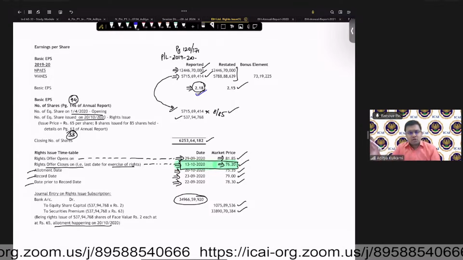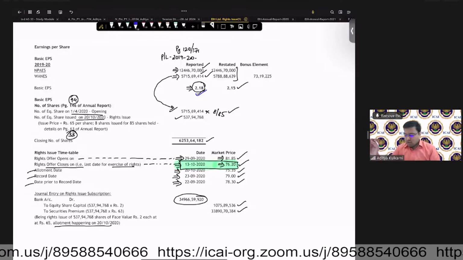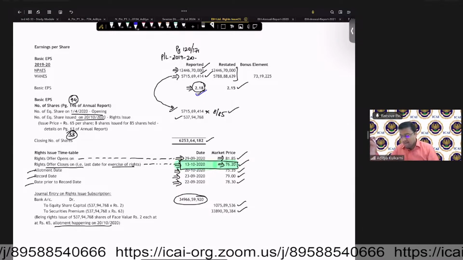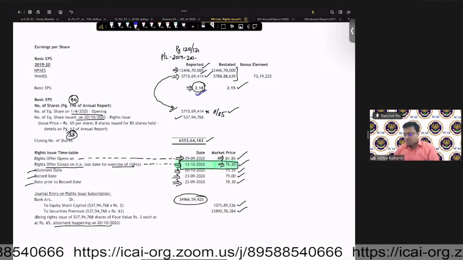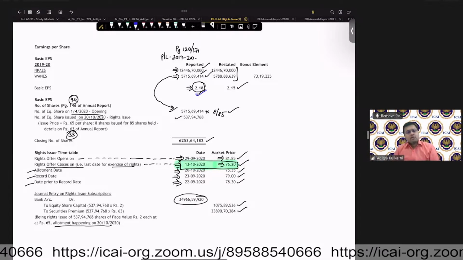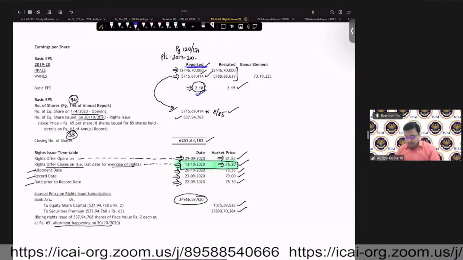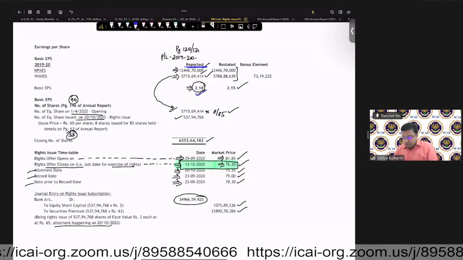There was no issue during that period, so it is a straightforward calculation. 1,244.67 million divided by 571,569,000 comes to 2.18 rupees per share. That was your reported basic EPS. There is no doubt on this.